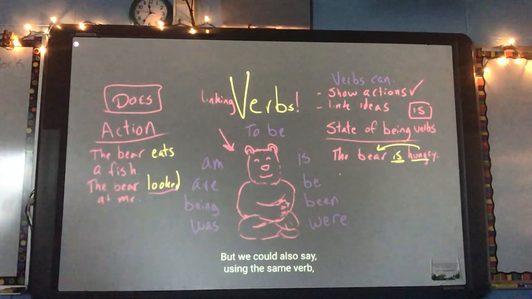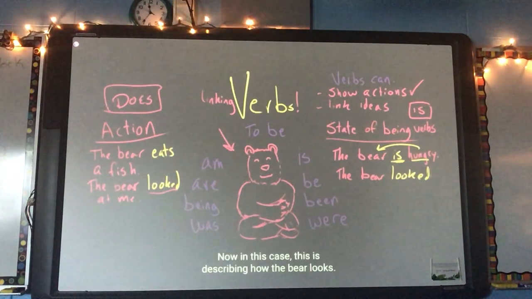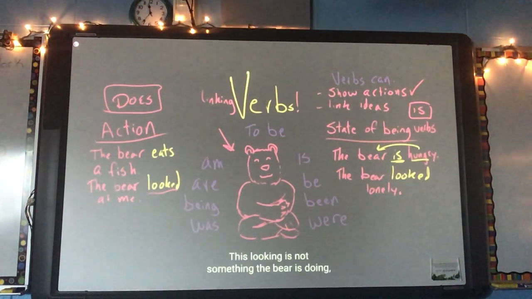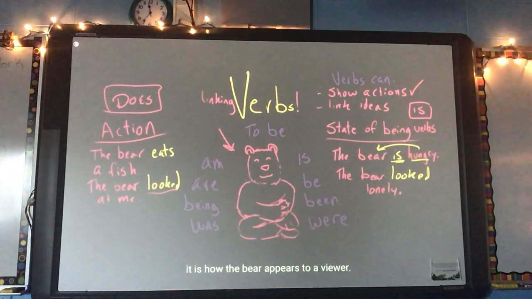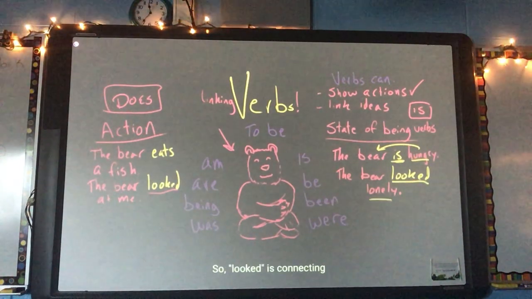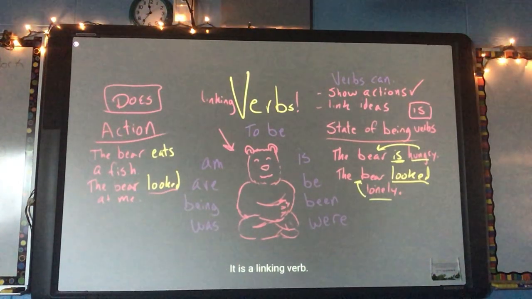But we could also say, using the same verb, the bear looked lonely. In this case, this is describing how the bear looks, what the bear looks like. This looking is not something the bear is doing, it is how the bear appears to a viewer. So, looked is connecting lonely to bear. It is linking lonely to bear. It is a linking verb.